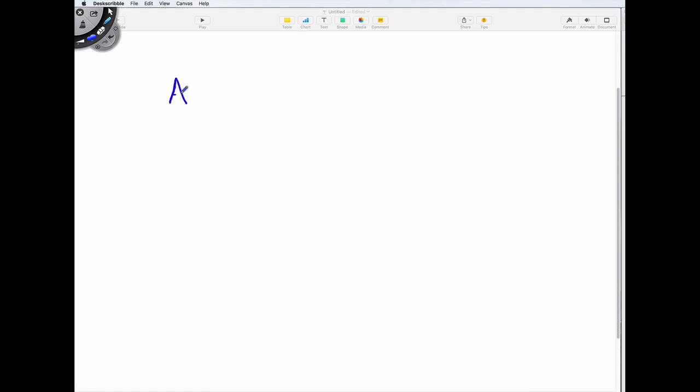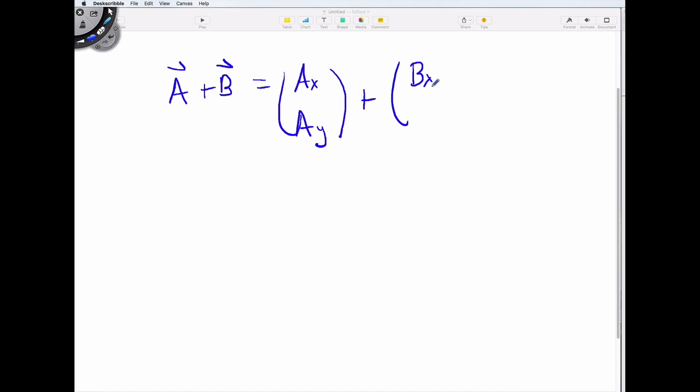So you could write A plus B as the AX component and the AY component added to the BX component and the BY component. So that's the same vector as AX plus BX and AY plus BY.